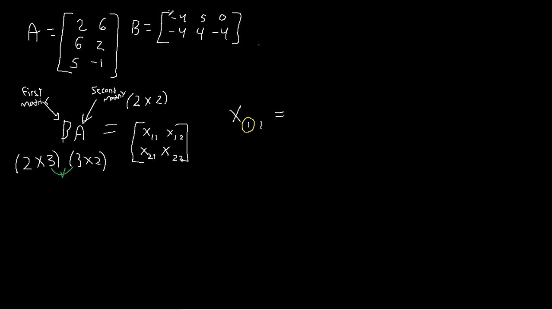So what we're going to grab here is actually this one. And then it's saying grab the first column of the second matrix. Well, the first column of the second matrix is this one right here.